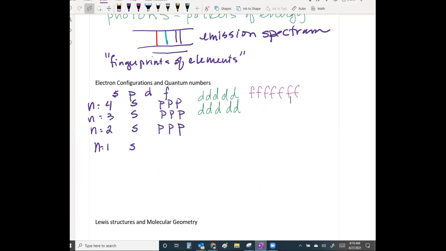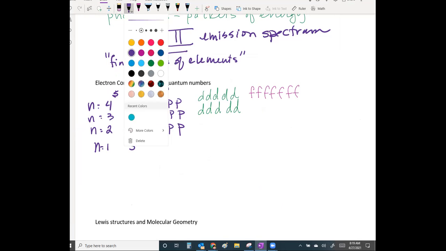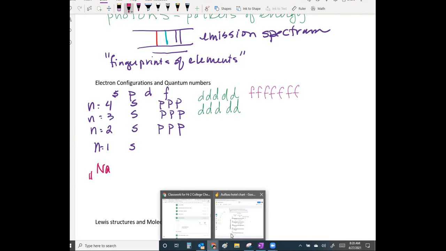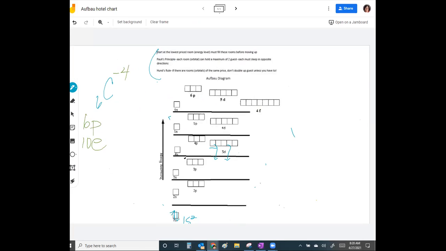Okay, so electron configurations, you just simply put your electrons into that data table. So if you're doing an electron configuration for sodium, sodium has 11 protons and 11 electrons. So if we put them in, I guess I can do it on this Jamboard. 1, 2, 3, 4, 5, 6, 7, 8, 9, 10, 11.